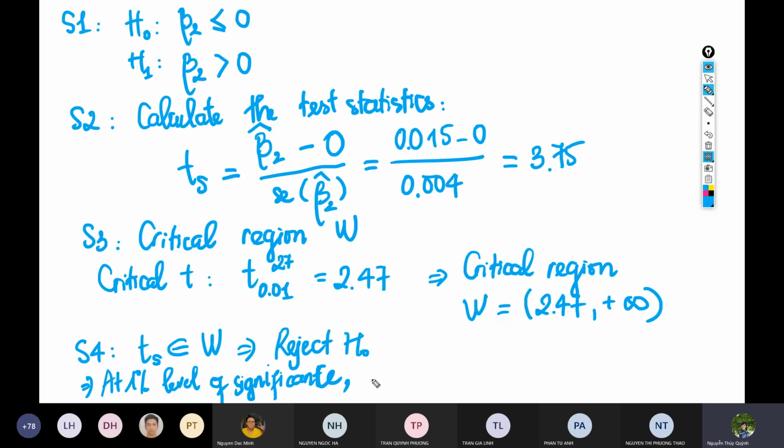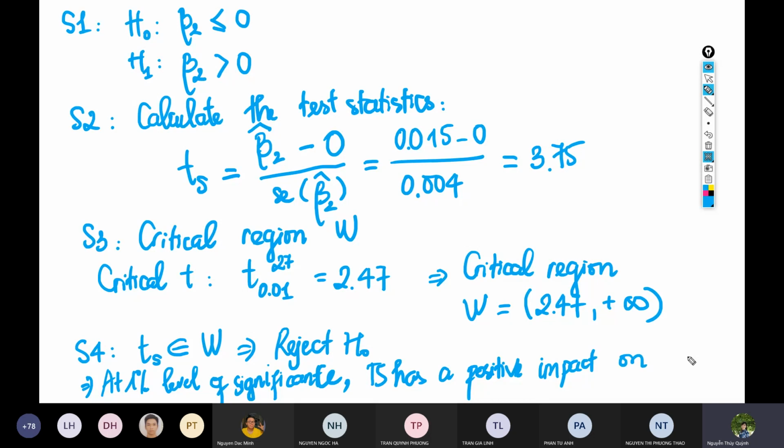Or you can say, because the question is whether TS has a positive impact on CT, that at 1% level of significance, TS has a positive impact or effect on CT.